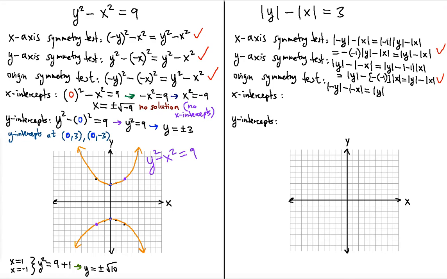We took out the absolute value of negative 1, then we negated that negative 1, right? That's how it became positive 1 times absolute value of y. And the same thing for the x. We know that the absolute value of negative x is the absolute value of x, right? So this confirms that, just like in the previous example, there are three symmetries possible: x-axis, y-axis, and origin, right?